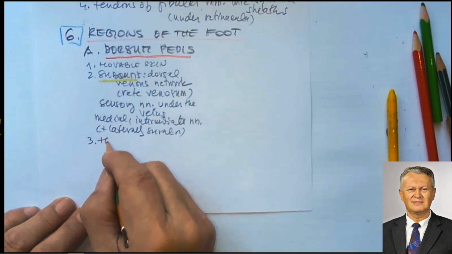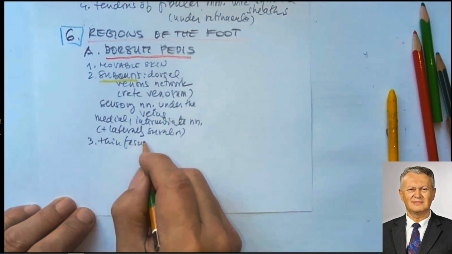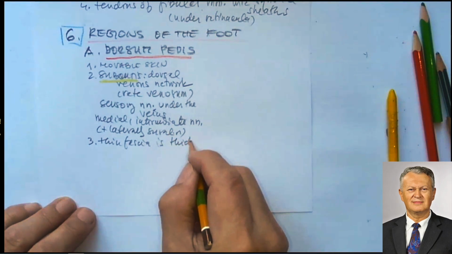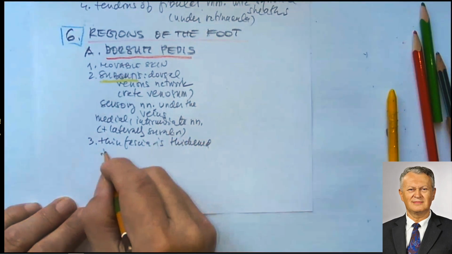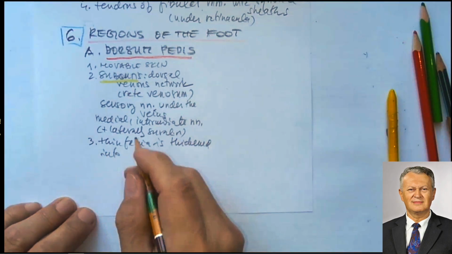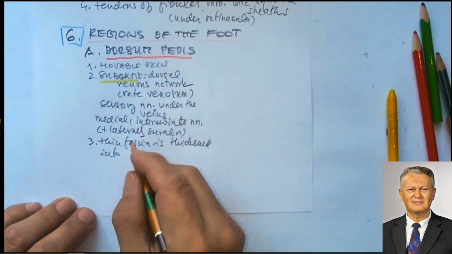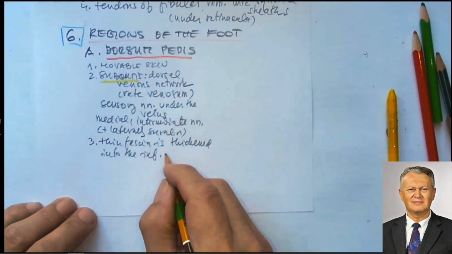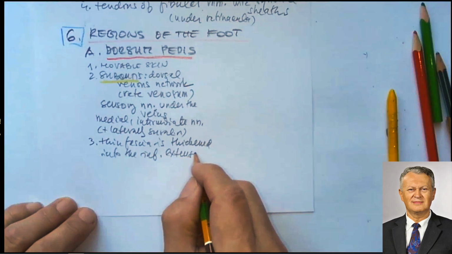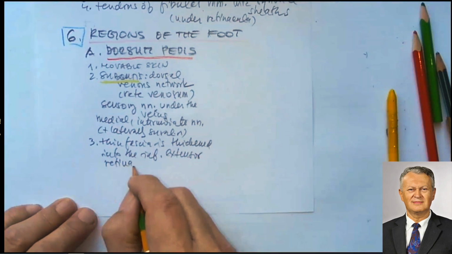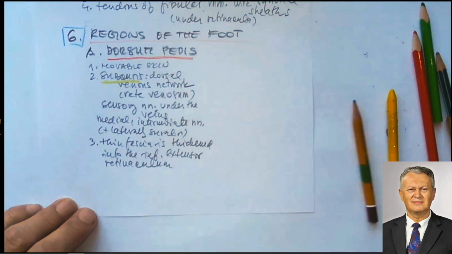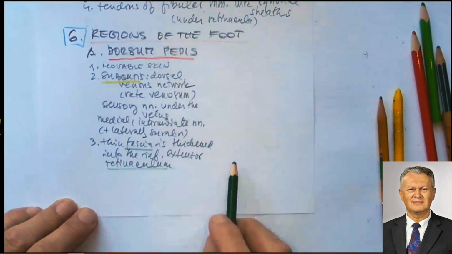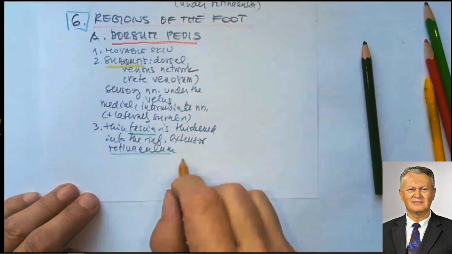The fascia is relatively thin, but fascia also is thickened into the inferior extensor retinaculum. It was quite clear in the diagram. So fascia and retinaculum, subcutis, fascia.